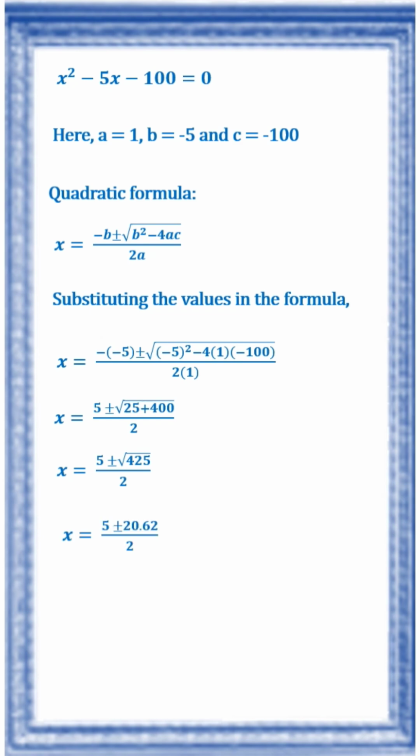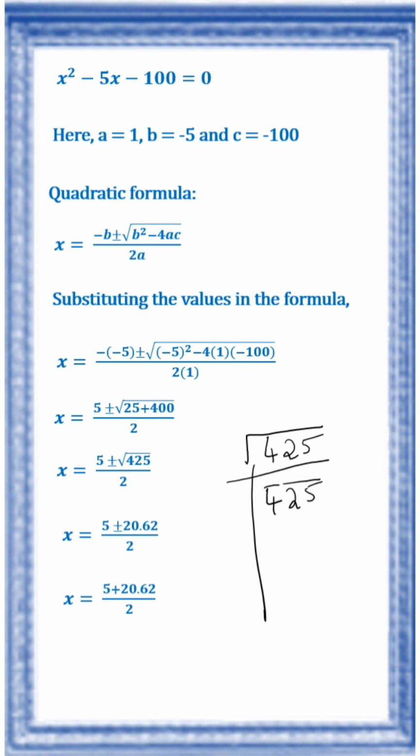So x is equal to 5 plus or minus square root of 425 by 2. We have to take the square root. You know how to take square root like this. It is 20.62.